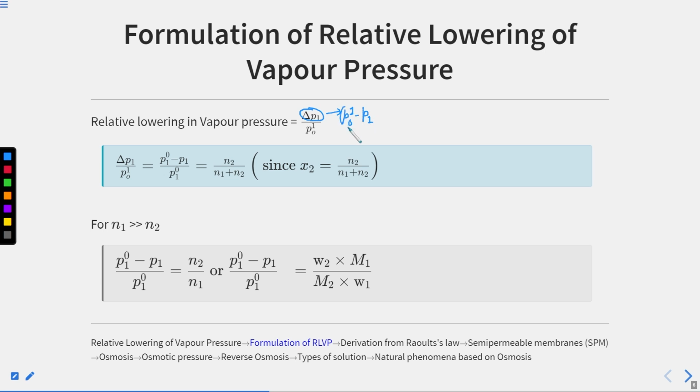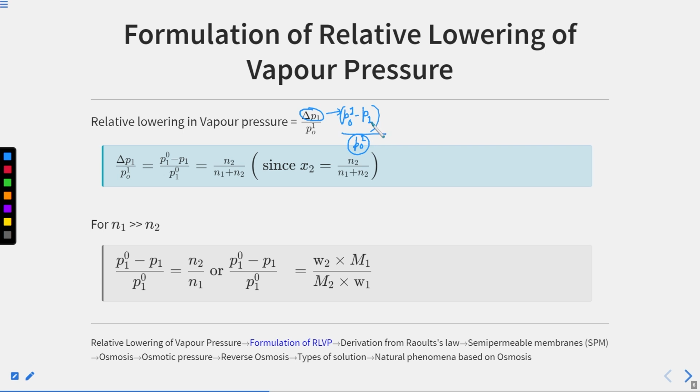If we take the difference between these two, that is P01 minus P1, then this is called lowering. And if we divide it by the pure solvent vapor pressure, then it is termed relative lowering, meaning we are considering the lowering of vapor pressure in relation to the pure component's vapor pressure. So we term it relative lowering of vapor pressure.